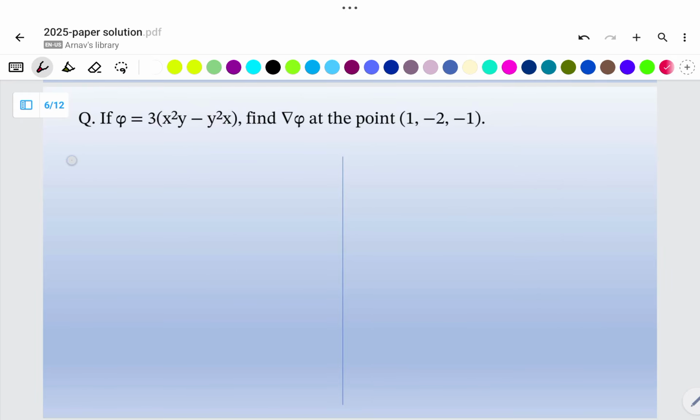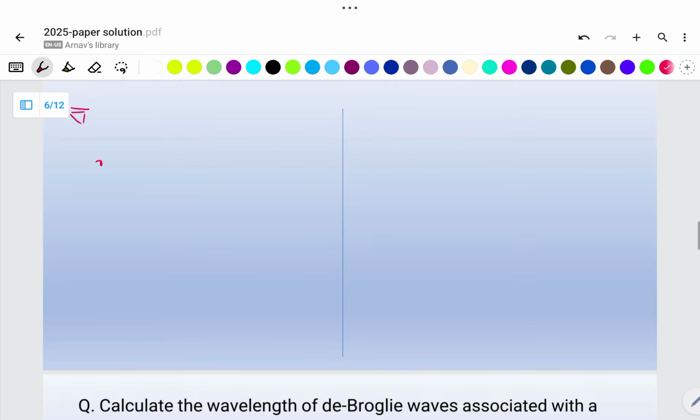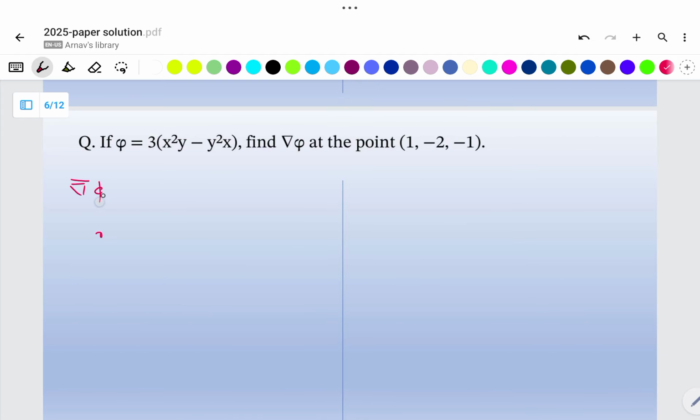Now for finding the gradient, it is i cap ∂/∂x plus j cap ∂/∂y plus k cap ∂/∂z.